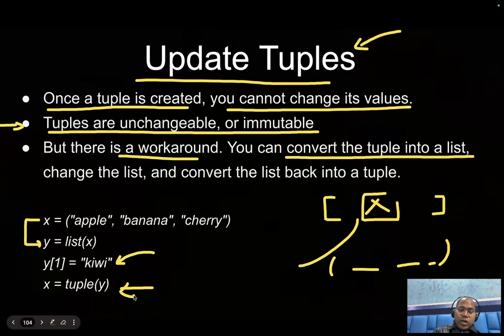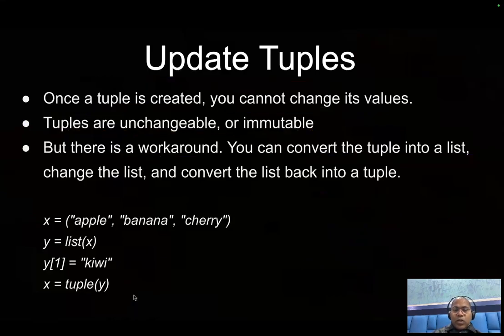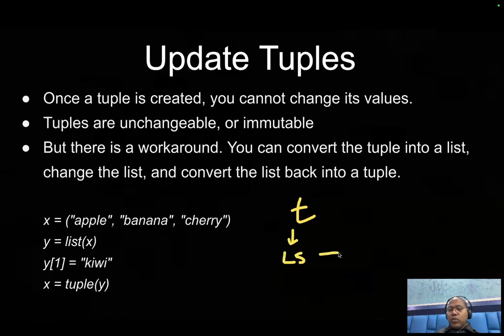Generally we are not preferring this workaround, but developers have some hack so you can do it. Whatever tuple you have, first convert it to a list and do the modification, then convert back from list to tuple.